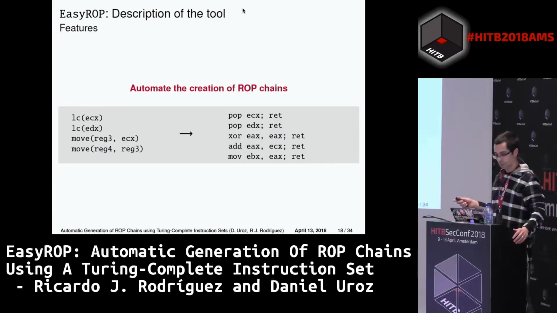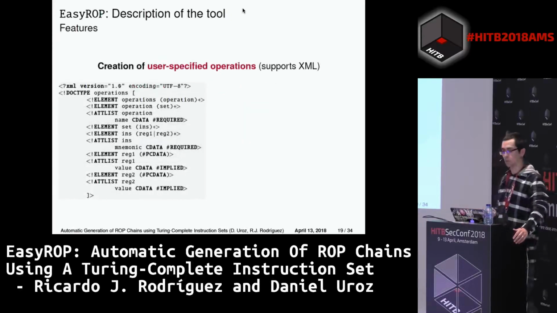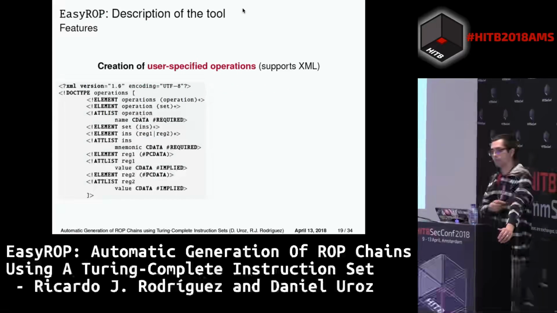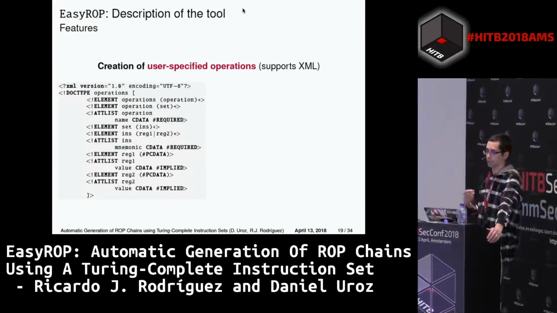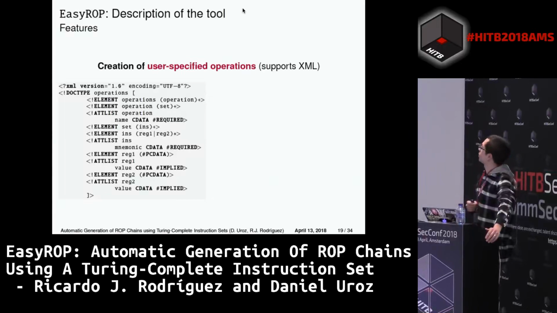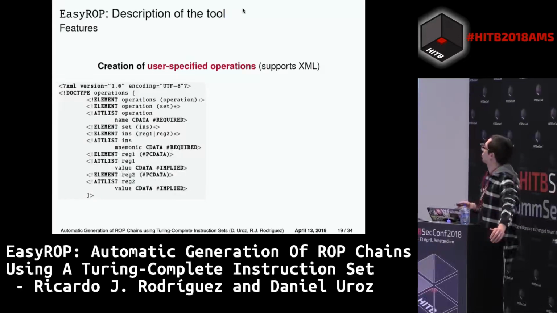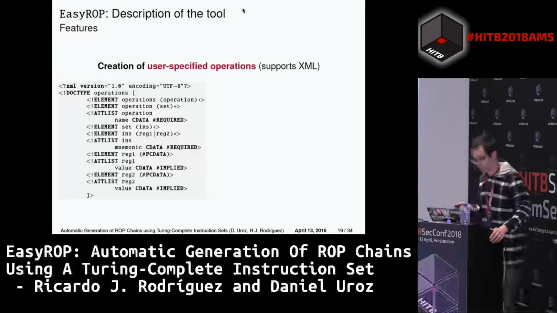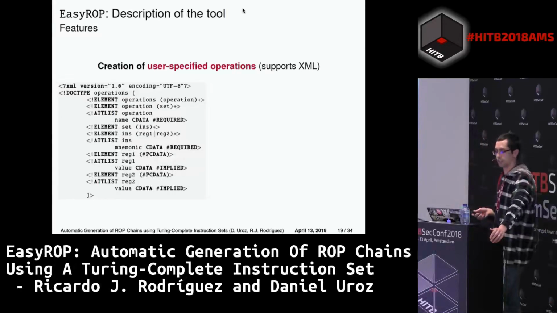Besides doing this, as I was telling you, the tool also allows the user to define his own operations. We have used XML, so we have a DTD file in which we define how every operation has to be.